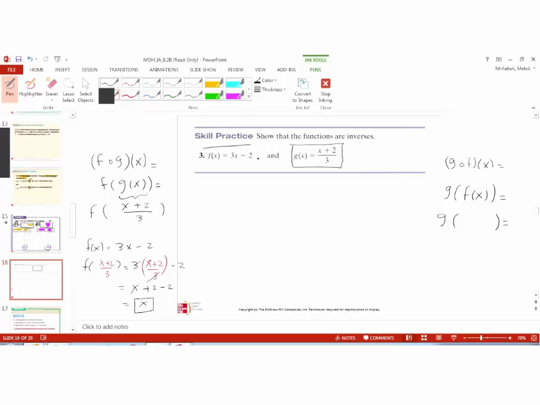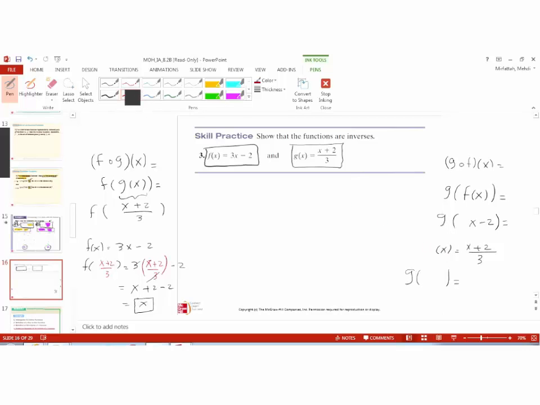Okay, and now what do you do next? Since we know that g of x is x plus 2 over 3, now you put that down, and you replace the x with the f of x. So it's 3x minus 2 plus 2 over 3.